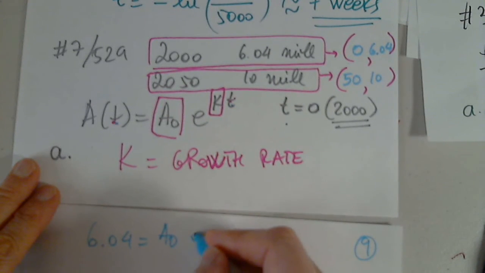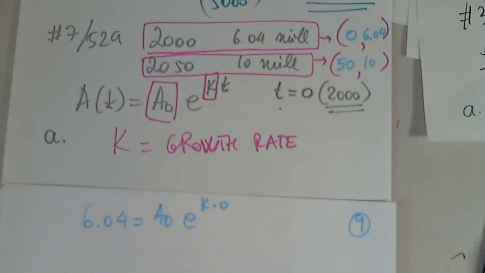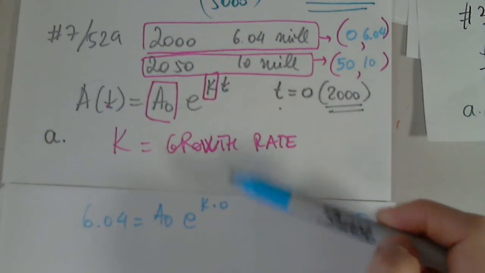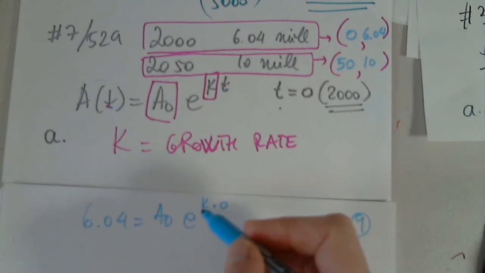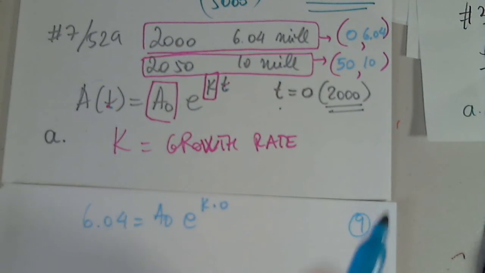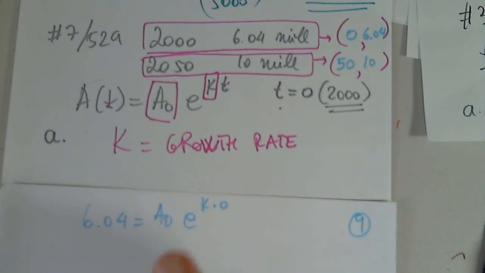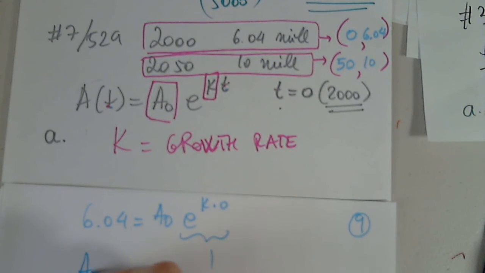So A0, e to k times 0. y is 6.04 when t is 0. So k times 0 is 0. How much is e raised to 0? 1. So then I found the initial population, which is 6.04.